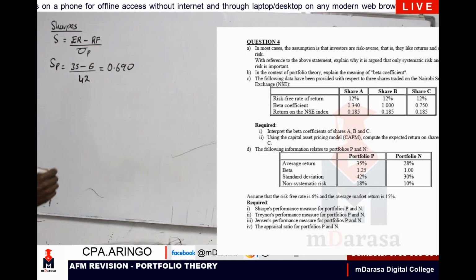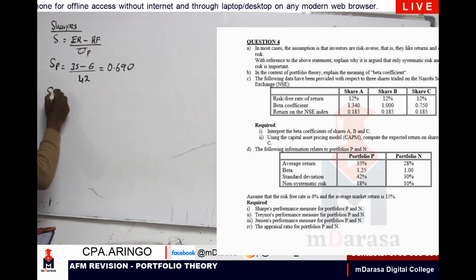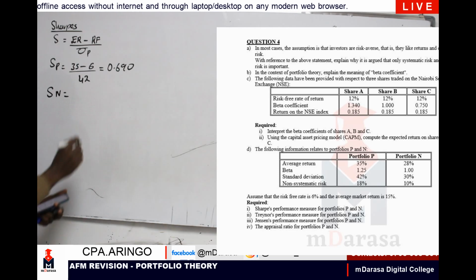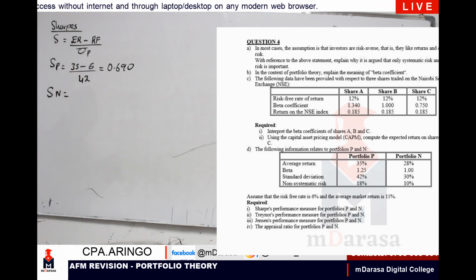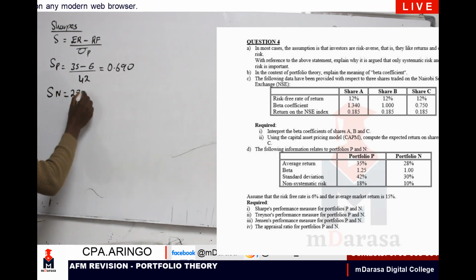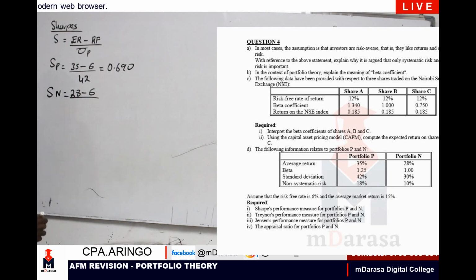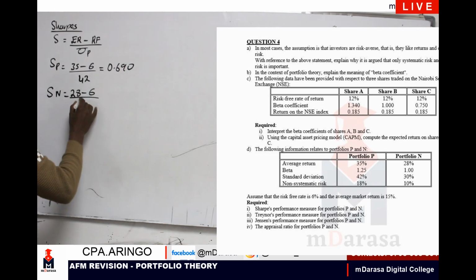What about Sharpe's of security N, as per what you are given there? The same concept will apply. We take the expected return of security N, which in this case I can see was 28, minus risk-free, divide by the standard deviation of security N, which in this case I'm given 30%.